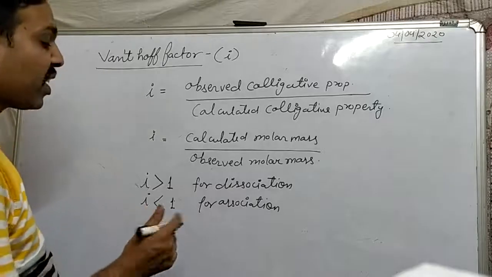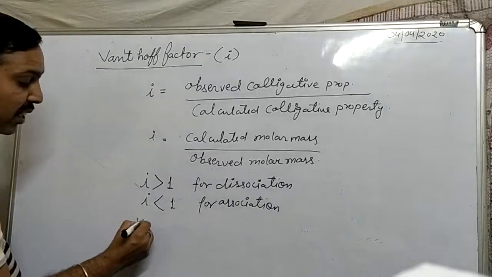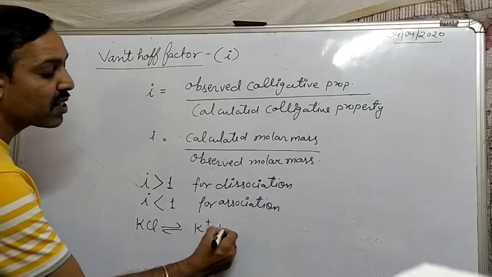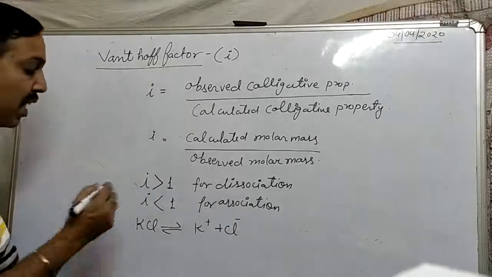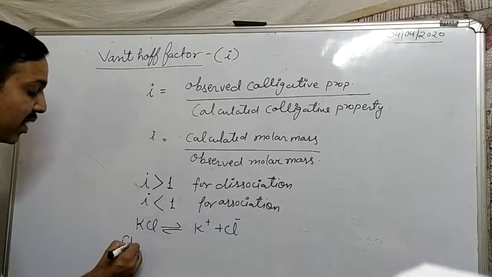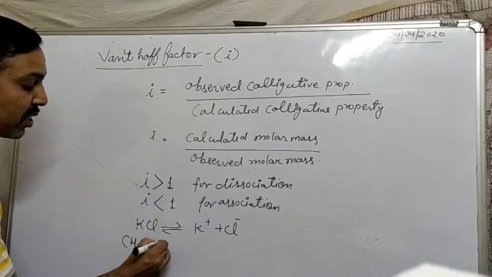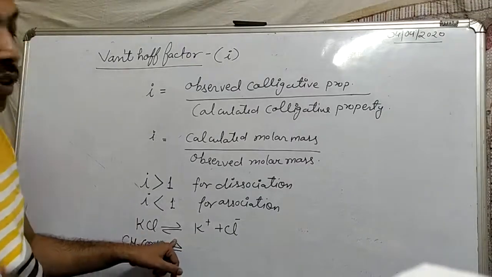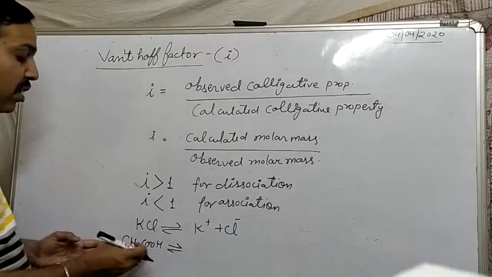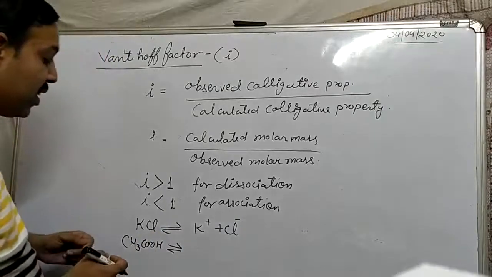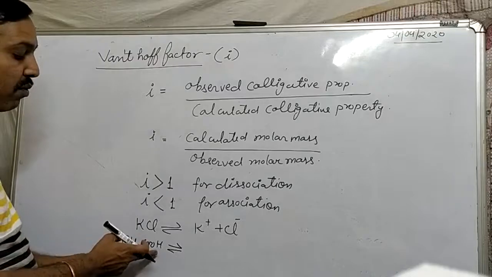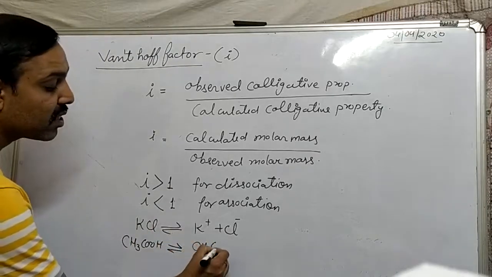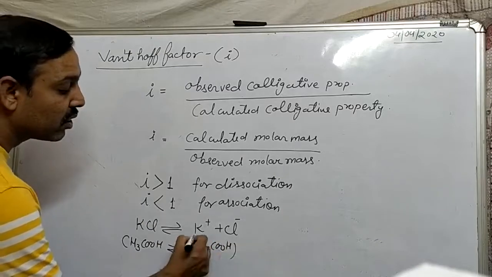For example, if we take KCl, then KCl after dissociation forms K plus and Cl minus. And if we take an example of acetic acid CH3COOH, so in a covalent solvent, when acetic acid is dissolved in benzene, then two molecules of acetic acid join to form a dimer, (CH3COOH) whole twice.